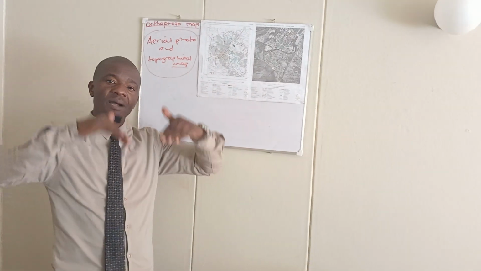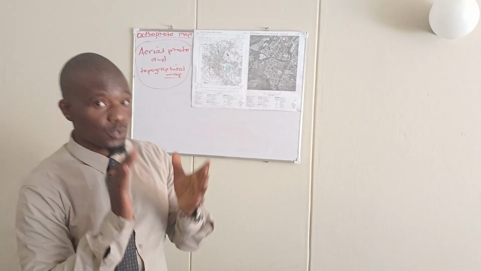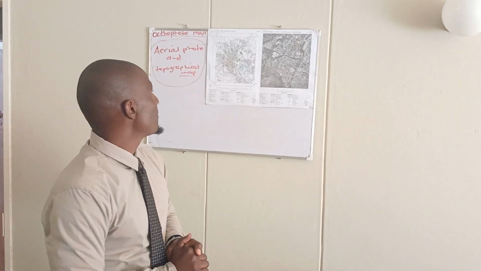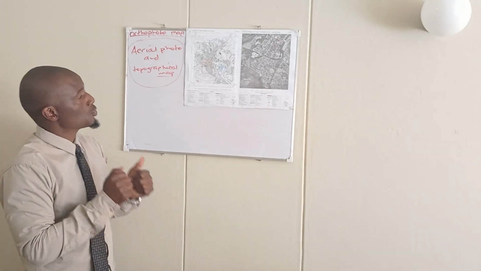I think I've already explained what an aerial photograph is. Obviously, these are the photos that are taken from above the Earth's surface. We have the vertical aerial photograph, the oblique aerial photograph, and the horizontal aerial photograph as well. But our orthophoto is a combination of aerial photograph and topographical map.